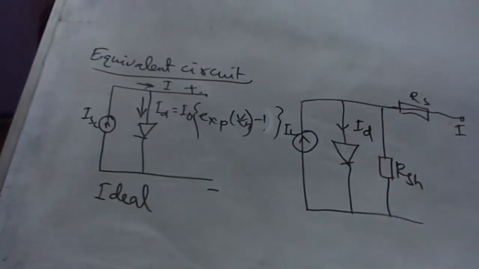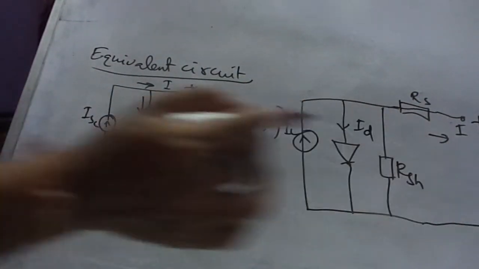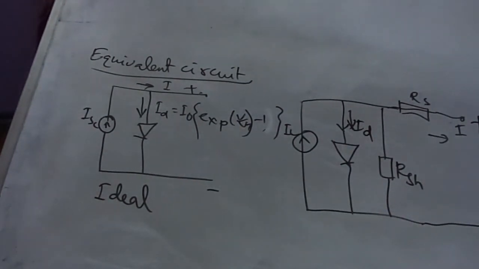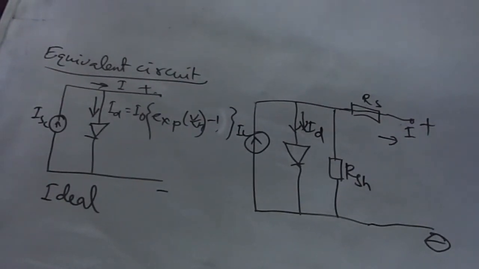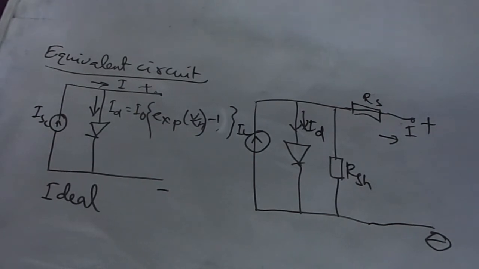I in the positive direction and the negative direction. So in a practical cell, ISC is no longer equal to the light generated current IL, but is less by the shunt current through RSH. Further, an internal voltage drop of IRS is also included in the terminal voltage.